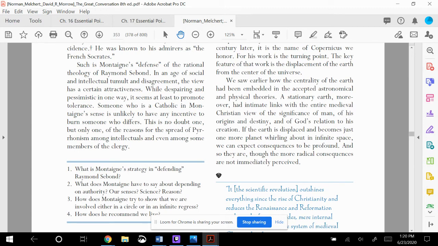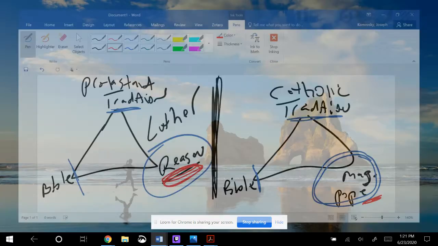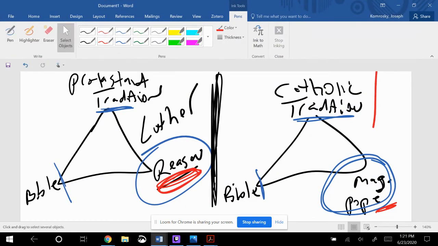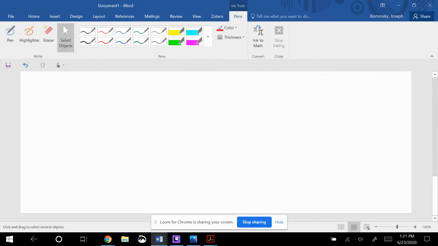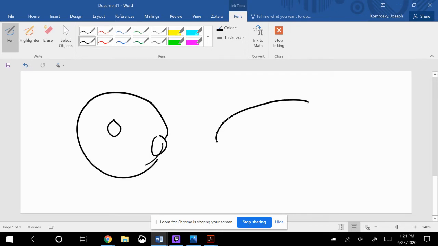And then somebody's going to say, no, it's not necessarily circular. Instead of one body revolving around another like this, it's more like this, more like elliptical. So you're going to get differences here.